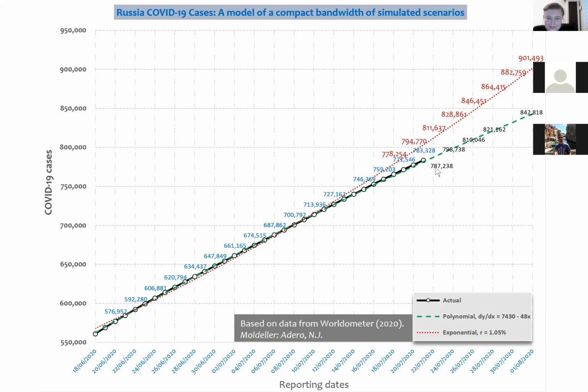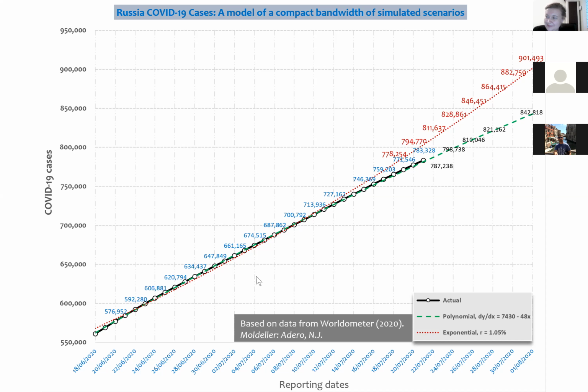And the green line is projecting that today, 22nd July, you could have around 790,000 total cases. And by August 1st, if the trend continues, about 843,000 cases.